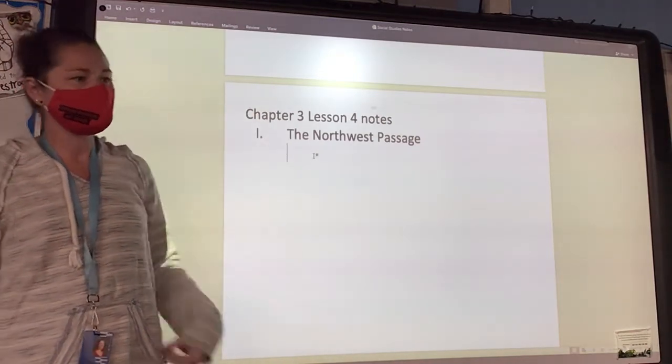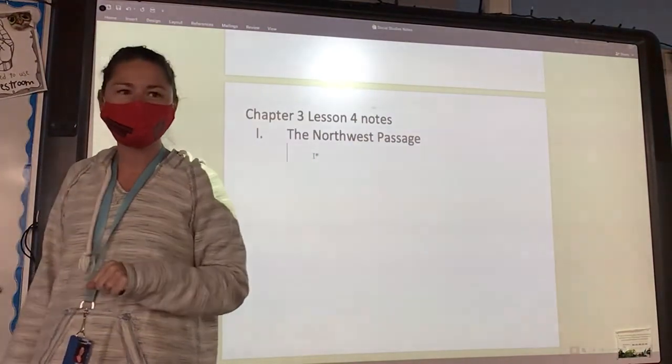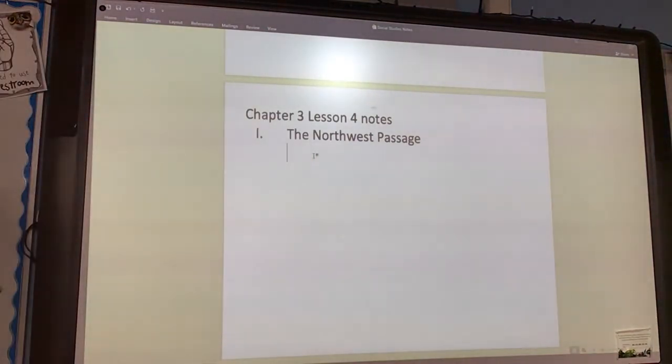If you want to do the T-chart or you want to do it this way or the one with the little box and the bullet points, that's up to you, as long as you're taking the notes. I'll give you a second to get your notebook set up and get ready, and then we'll get started.